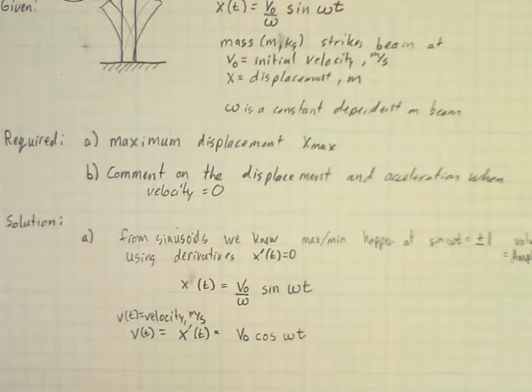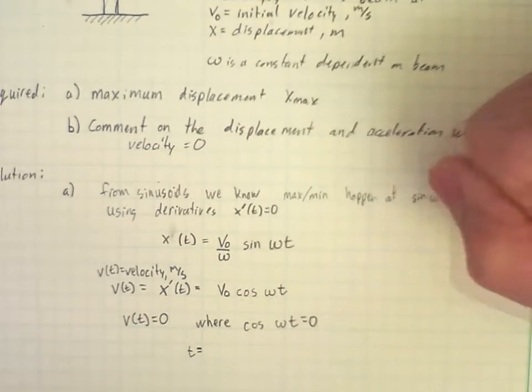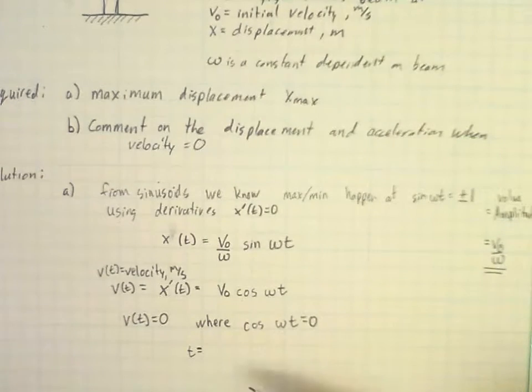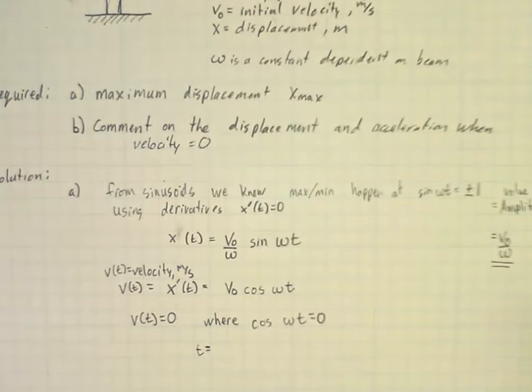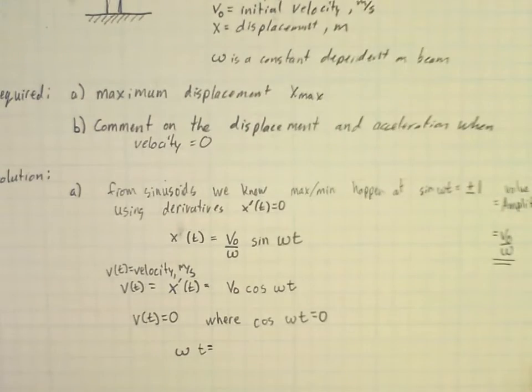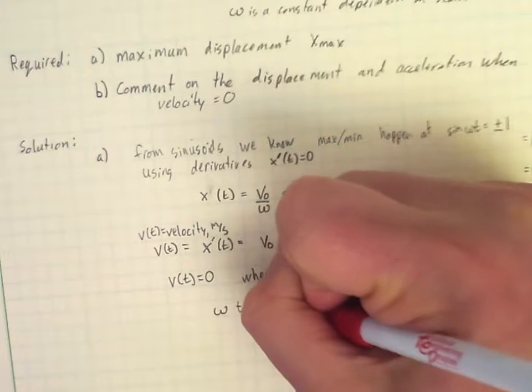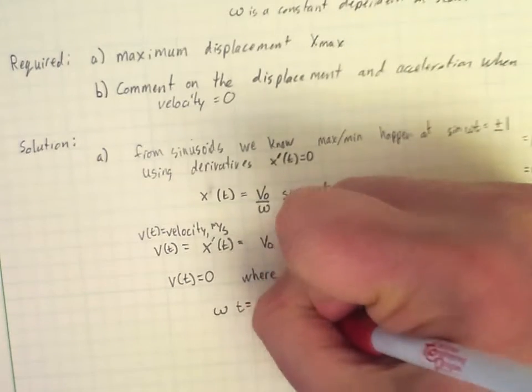The next step would be to find the places where that equals 0. So the velocity is going to be equal to 0 where cosine omega t is equal to 0. If we get out a unit circle, cosine is 0 at pi over 2, at 3 pi over 2, and we could keep going.